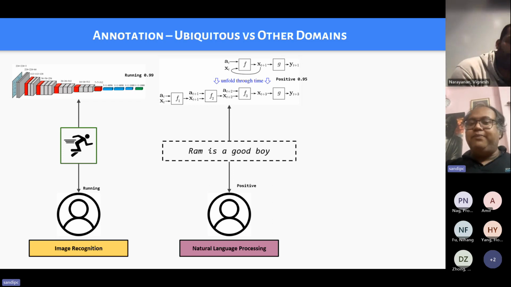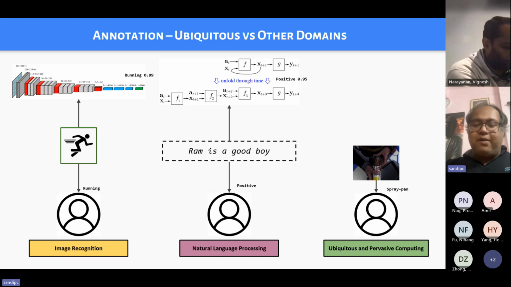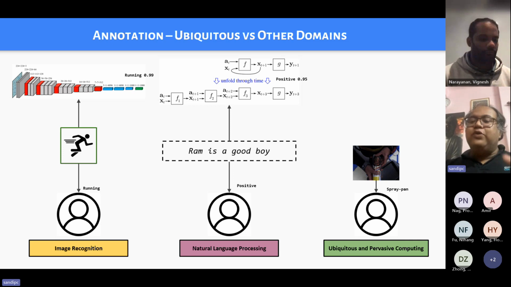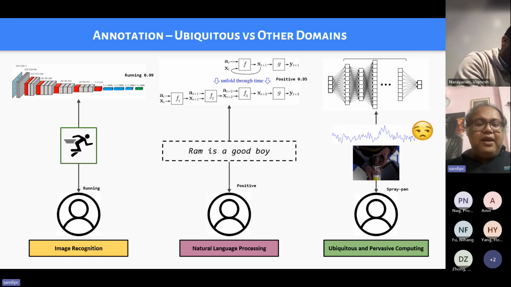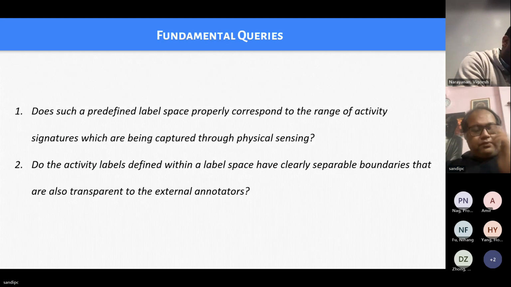Whereas in the pervasive domain, you annotate the data possibly by looking into the video, but you try to train on IMU data with the help of that label. That's why the labels need to be much more precise compared to what we see in other domains. So these are the fundamental queries that we had.